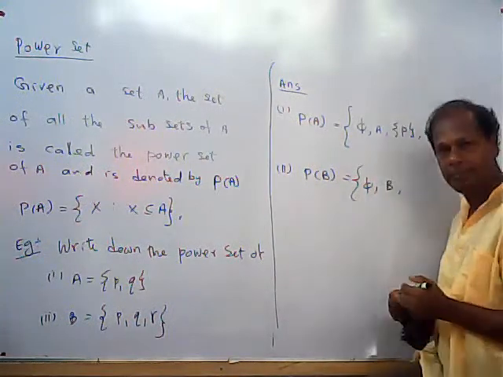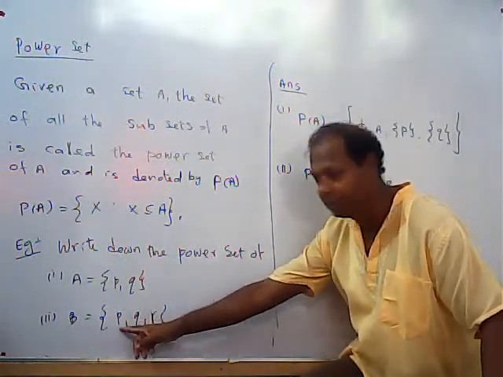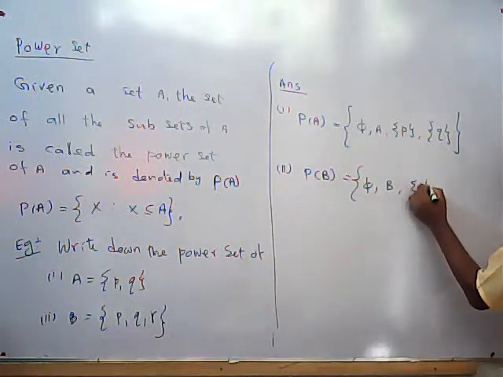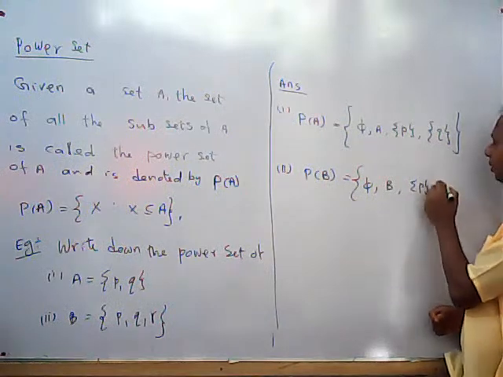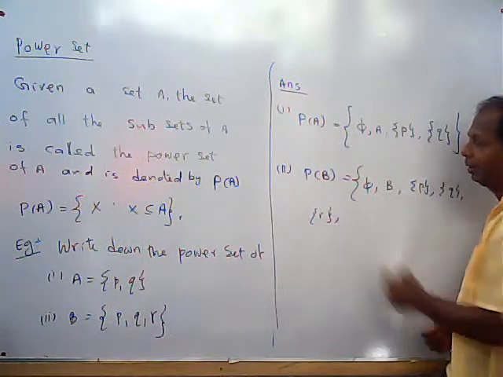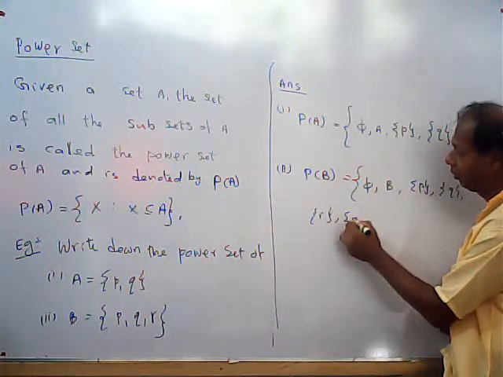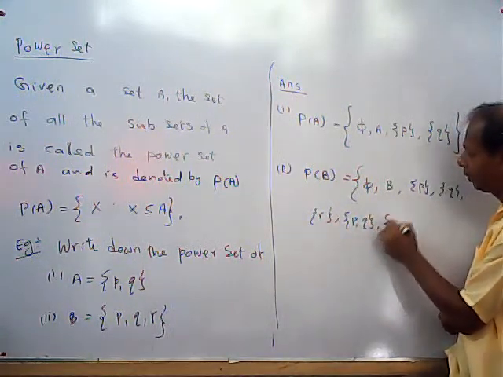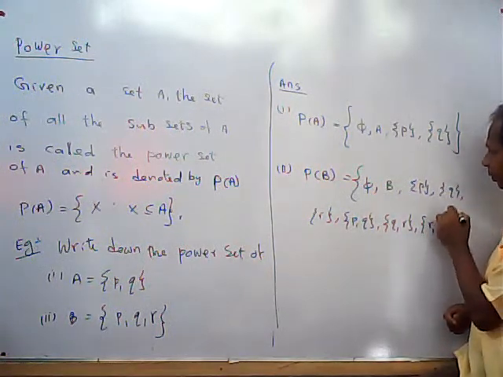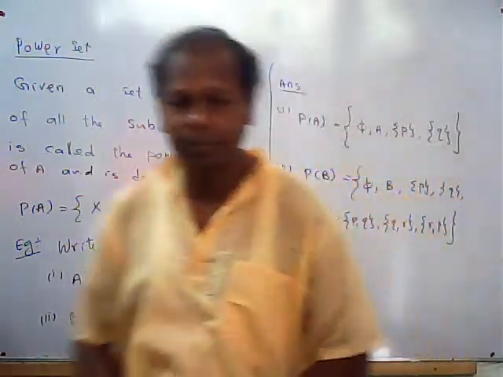In addition to them, we have the subsets containing single elements: the set containing only P, the set of only Q, the set of only R, and then the sets consisting of P and Q, then Q and R, and then R and P. Right, so that's the power set.